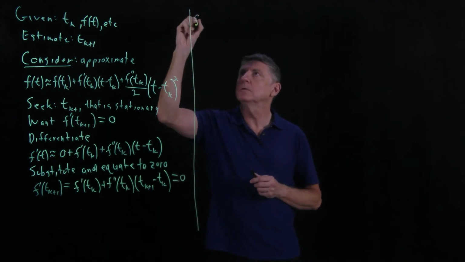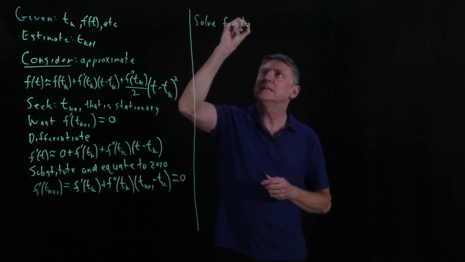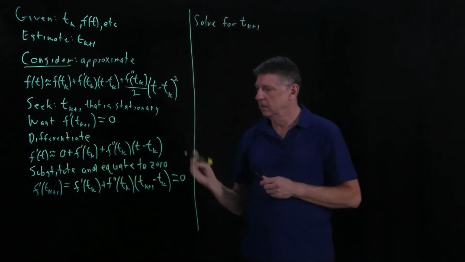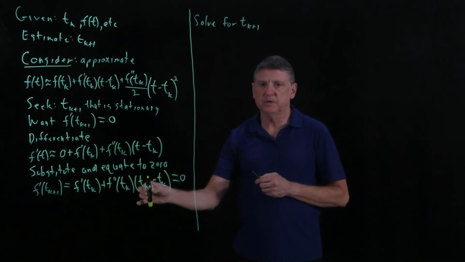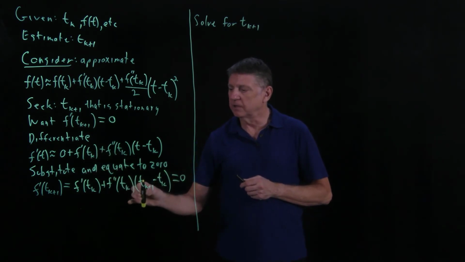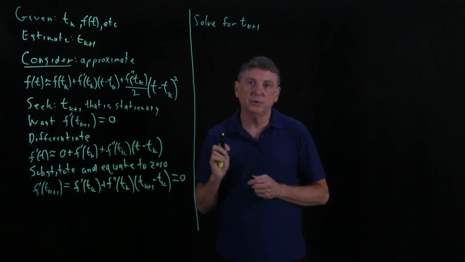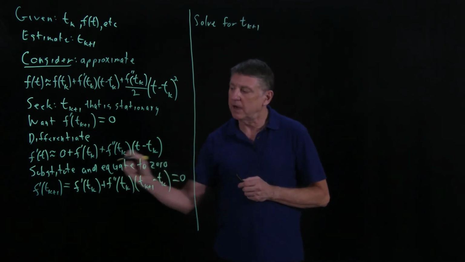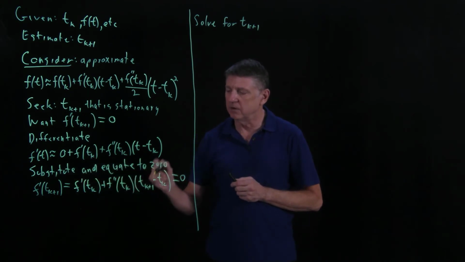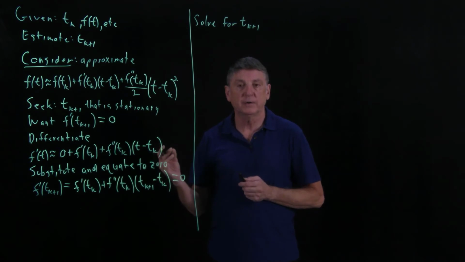So when we do this, now what we'll do is solve for tk plus 1. That is, we want tk plus 1 to be on the left-hand side of an equation. So I would like you to work this out. I'd like you to write this down and then solve for that tk plus 1 using ordinary algebra.